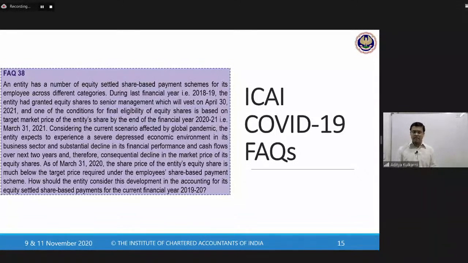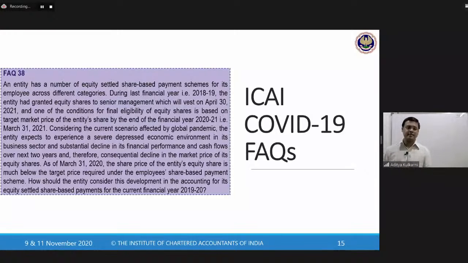So now the market price will not be met on 31st March 2020. Why? The COVID-19 pandemic is there, and as a result, you will be having depressed performance. Let us assume this is a travel company. All your travel companies have almost gone into hibernation mode, all right, because of the COVID-19 pandemic.